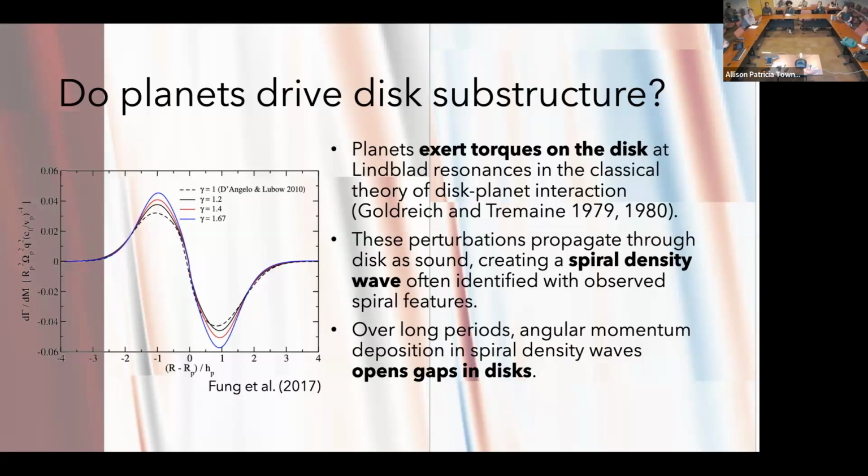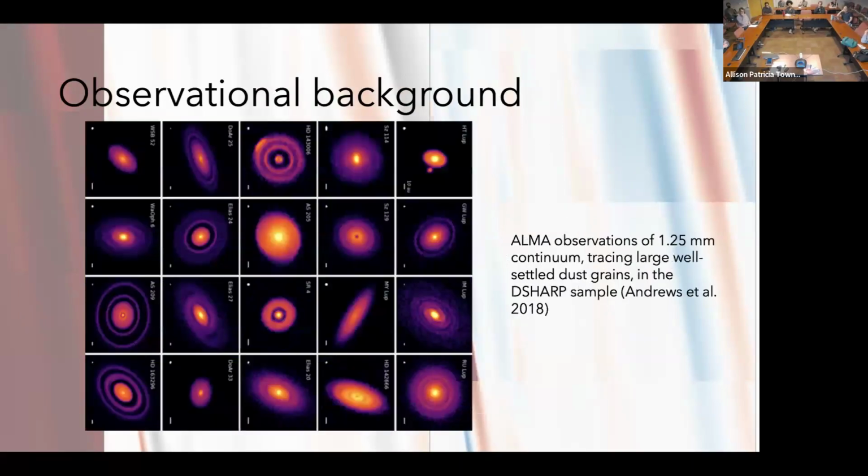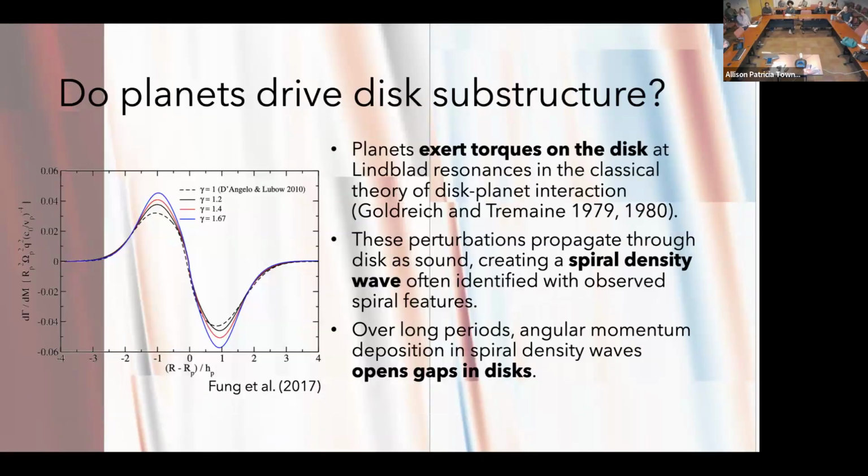And this was a theory developed by Goldreich and Tremaine in the late 70s. I won't go into details about this, but the idea is you have some gravitational perturbation in your disk, but because it's a gas disk, these gravitational perturbations will propagate as sound waves. These sound waves deposit angular momentum, and they open gaps. This can be responsible for spiral substructures such as these, and then the gaps which are created over time can be responsible for the annular substructures such as these.